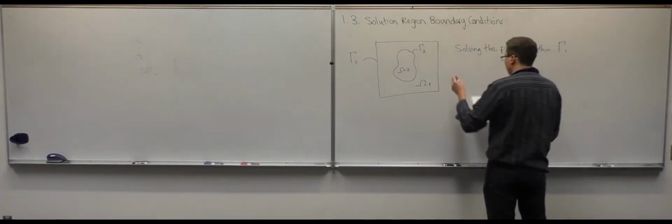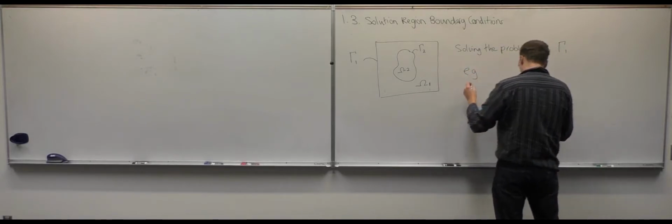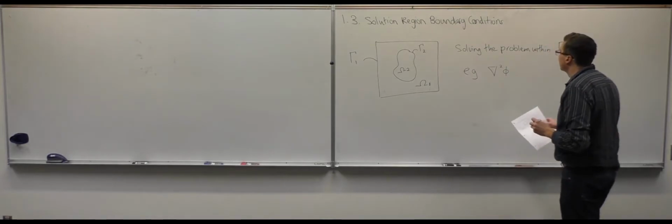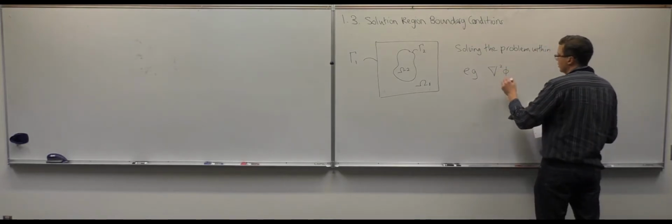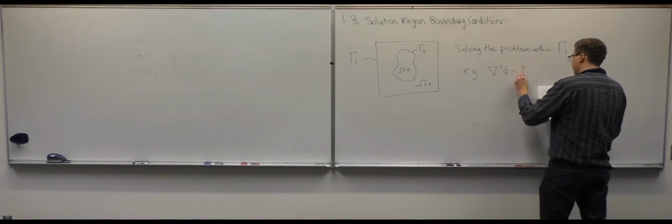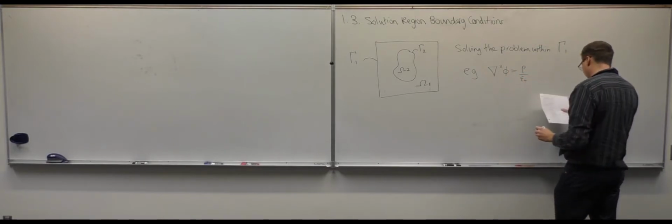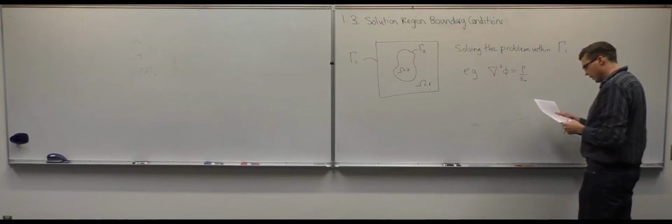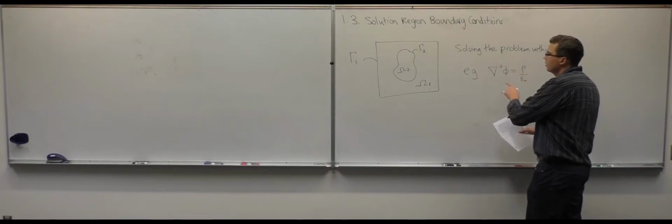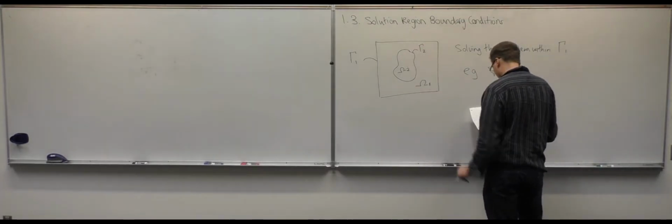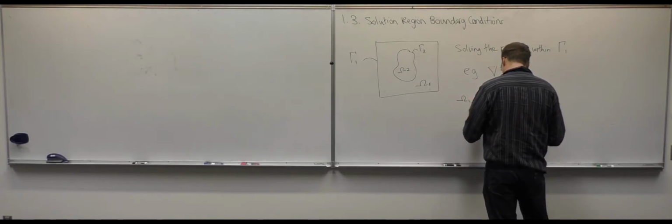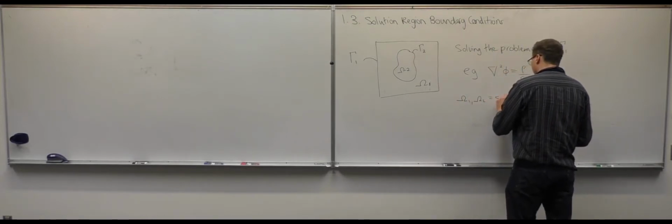So for example, we could have a problem such as the electrostatic equation in terms of scalar potential, and then we'd need to solve this problem within this region where omega 1 and omega 2 are called subdomains.